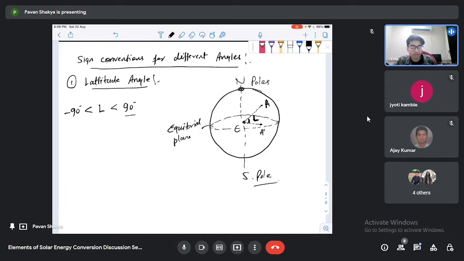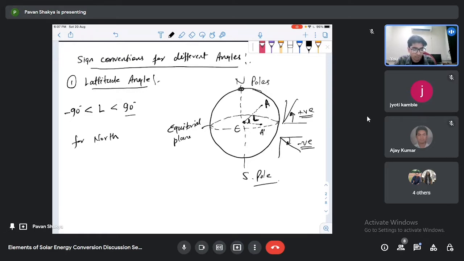So this is the latitude angle and the sign convention that we use: if we are taking the angle towards the upward direction, then it is taken as positive. Similarly, when we take it in the clockwise direction towards the downward, then we take it as negative.